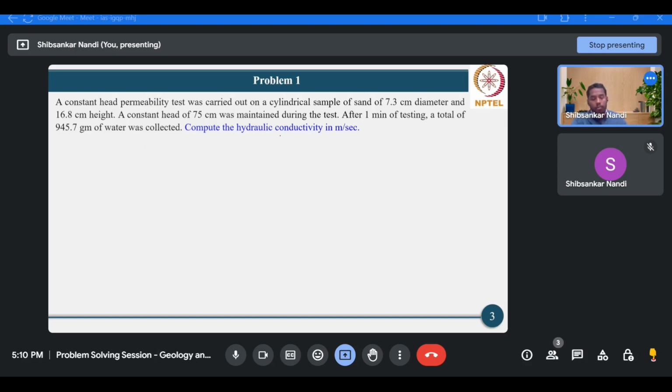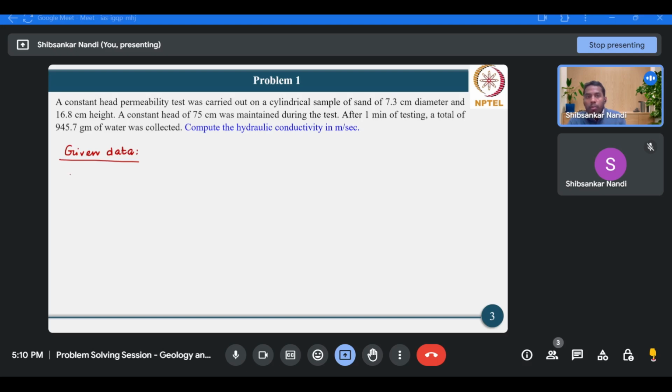Okay, so as usual, we'll first summarize the data given in this problem. First of all, we will write down the dimension of the cylindrical sample.